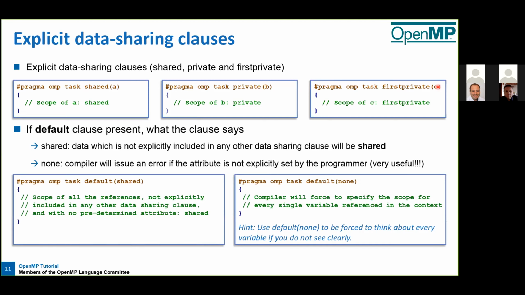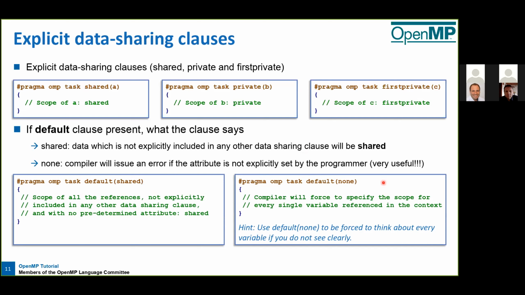And we can add the default clause, and we added a few more details here because we didn't cover that in the previous webinar. So at each pragma omp parallel construct, a work sharing construct, but also the task construct, you can say default either shared or default none. What does that mean? Default shared means all the variables referenced in this construct or in the extent of this construct are being shared unless specified otherwise.